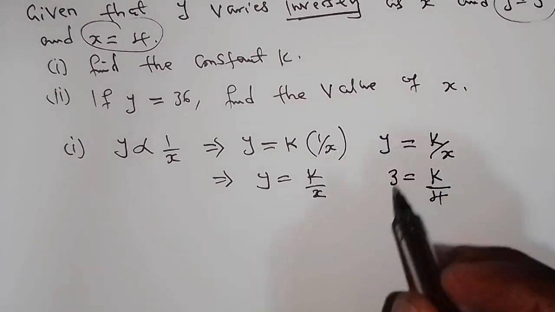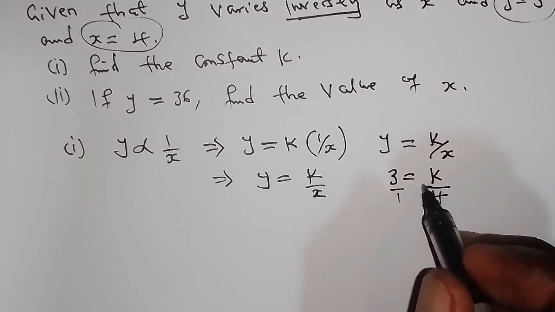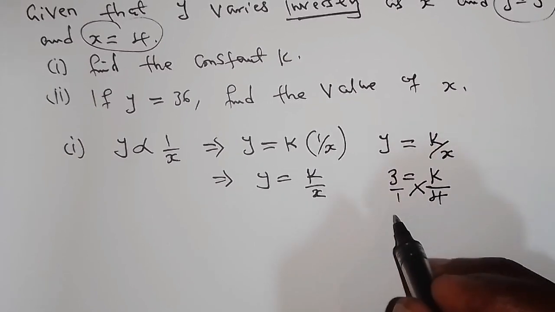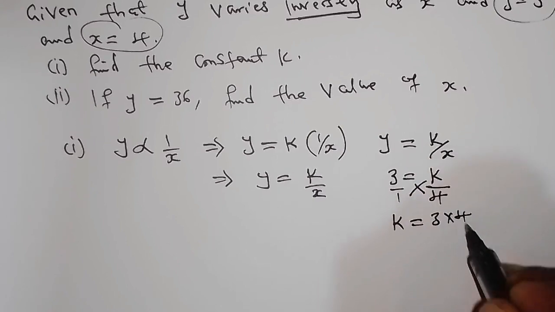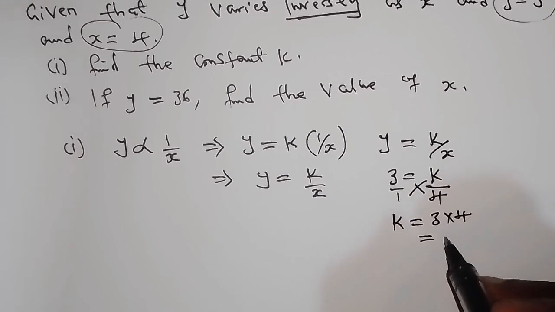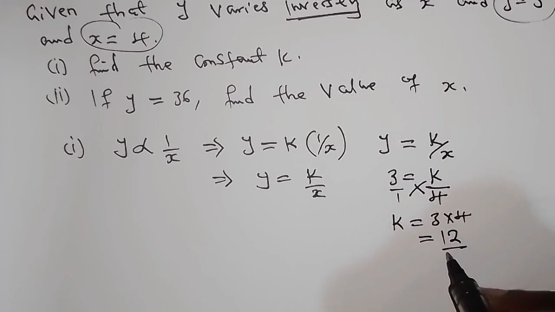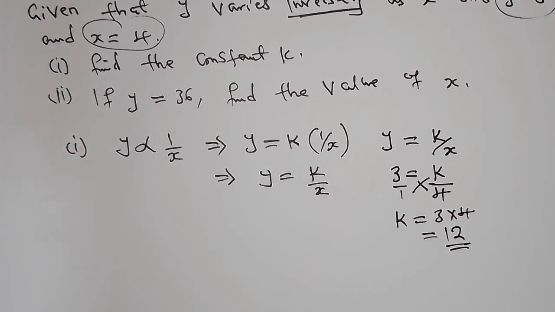So this one is a fractional thing, so you say over 1, you cross multiply, and 1 times k is just k, and 3 times 4 will just give you 12. And that's the value of the constant k.